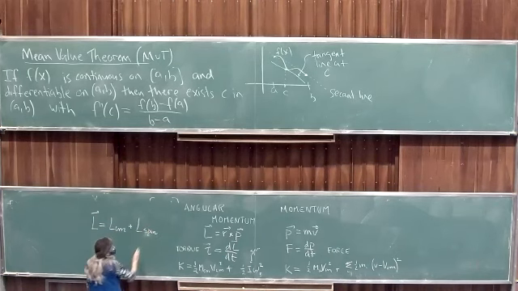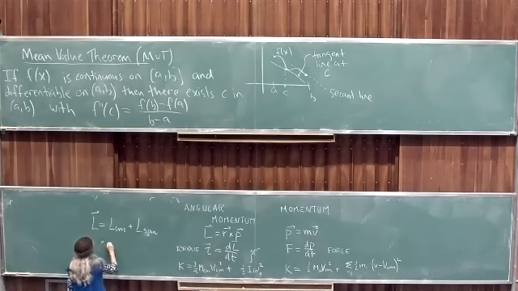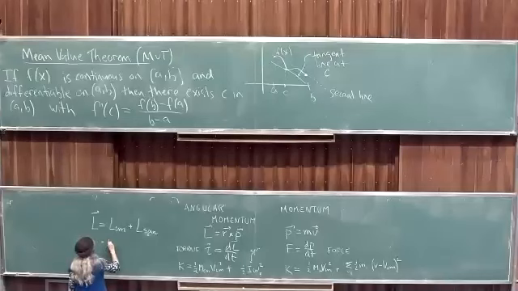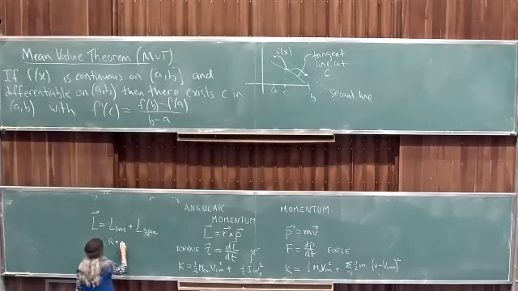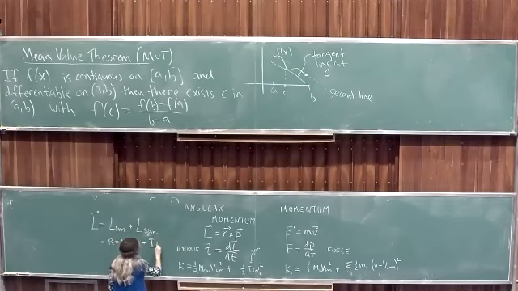I showed that for a system, you could always write the total angular momentum as the angular momentum of the center of mass plus a spin term, where this was the R cross M center of mass, V center of mass, because that's R plus P, and this is I omega.